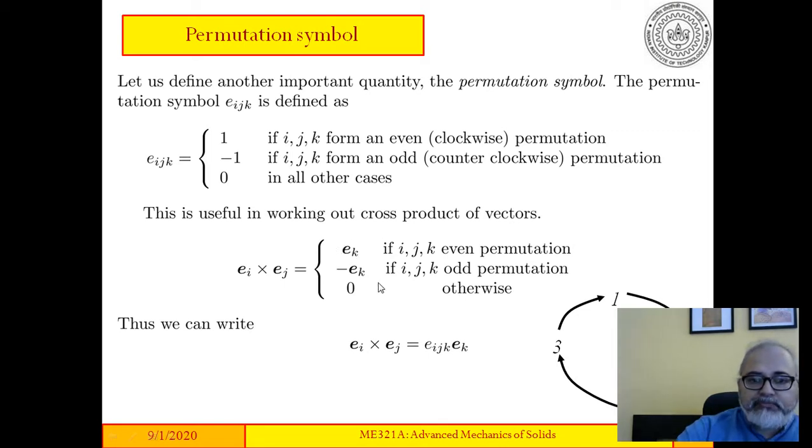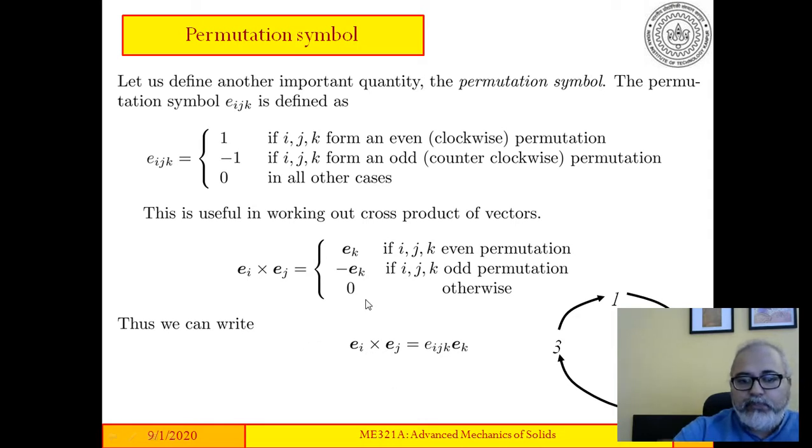So this equation can be succinctly, in a very concise manner, written in terms of the permutation symbol. We will not call it a tensor as yet. It's a permutation symbol which we have defined in this manner. So we can write this as ei cross ej is equal to Eijk ek.